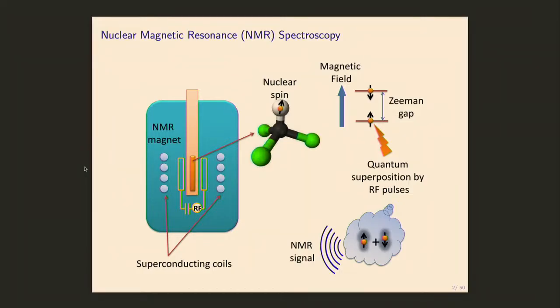I'll tell you why. Now this is the sample, and that sample consists of some organic or inorganic molecules. This is one example, chloroform. We usually take samples where there is no net electron magnetic moment, that means diamagnetic samples. There is no paramagnetic compound here, because we don't want to see electron spin.